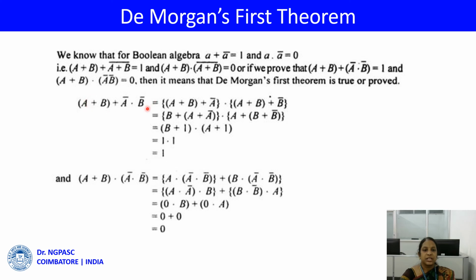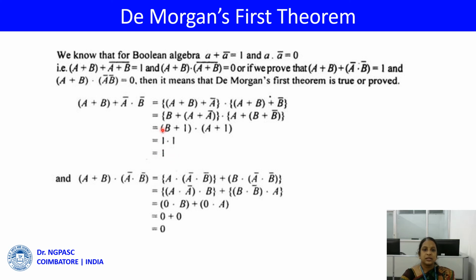You are multiplying this term with both these terms and then rearranging, you get (B plus A plus A complement) and (A plus B plus B complement). So A plus A complement will become 1 and B plus B complement also becomes 1. So B plus 1 is 1 and A plus 1 will also be 1. So the output will be 1.